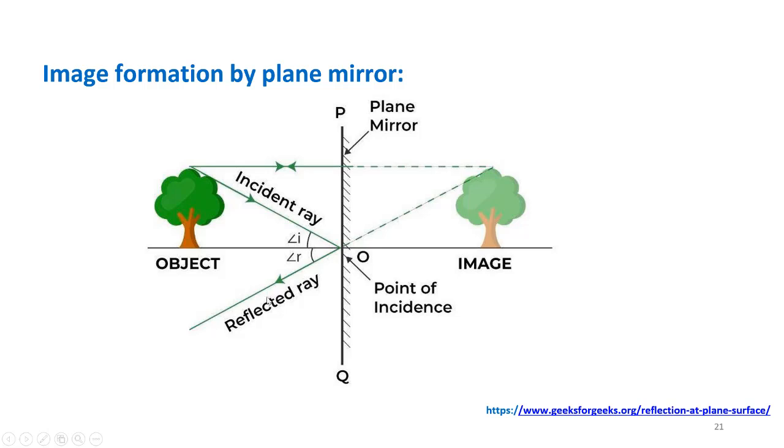Here the incident ray is falling on it, and it is making a virtual image at this side of the mirror, and we perceive it as if we are inside the mirror, but it is a virtual image. That is how we are able to see ourselves in the mirror, or any other object in the mirror. This is how image formation happens in a plane mirror.